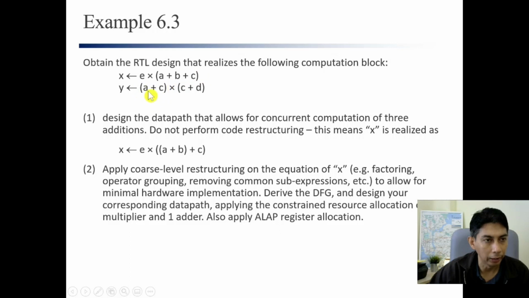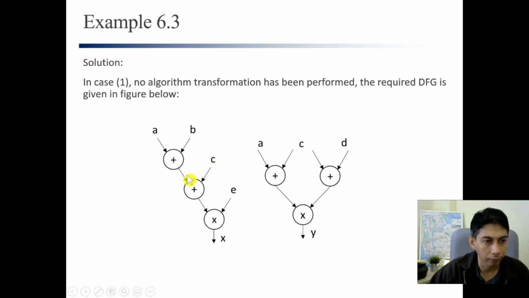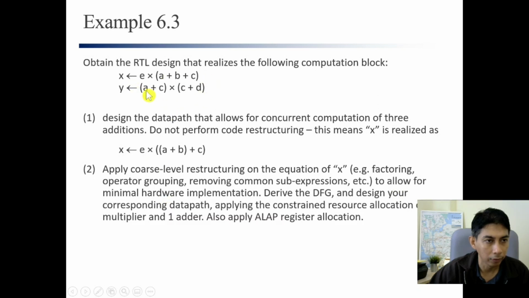We can use the same one rather than have two computational blocks like this, a plus b and plus c again. So instead of having the equation like this, we can rearrange it to be like this.